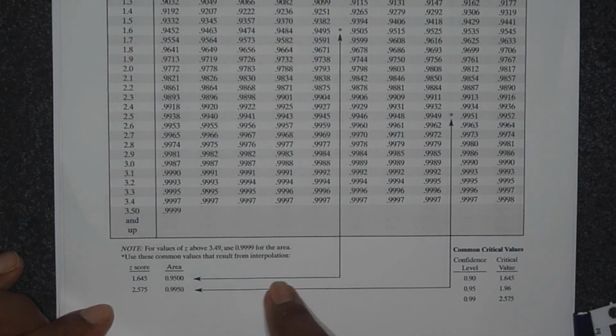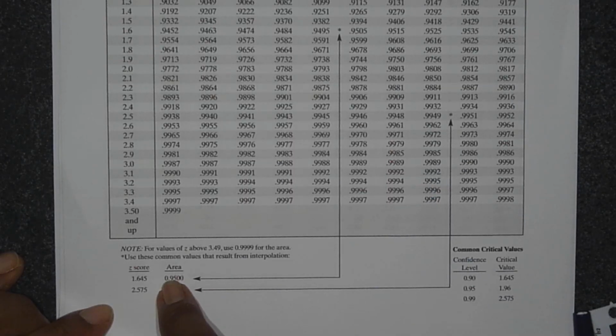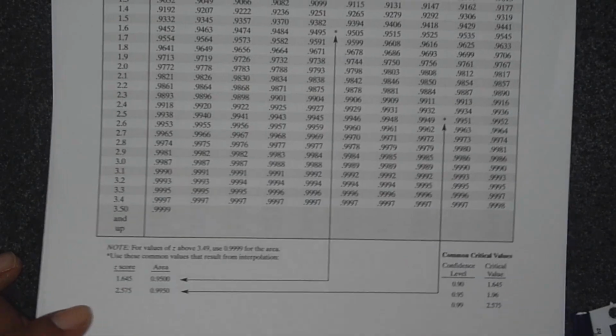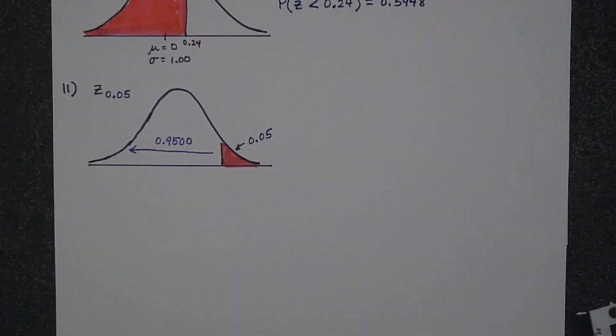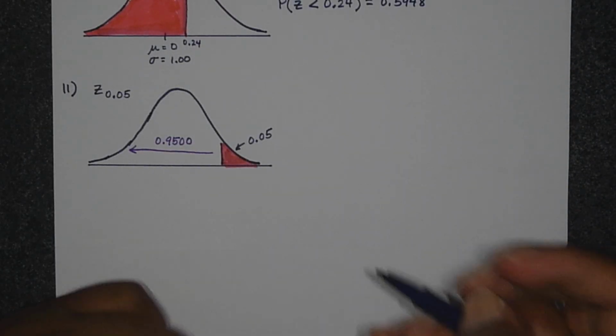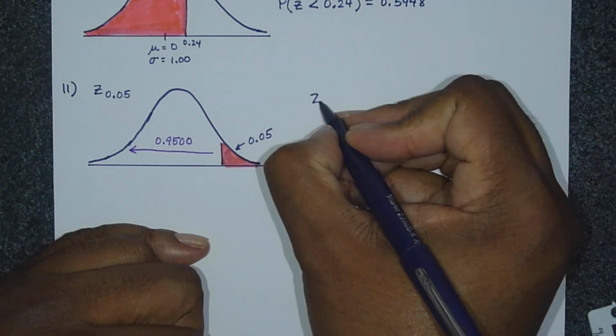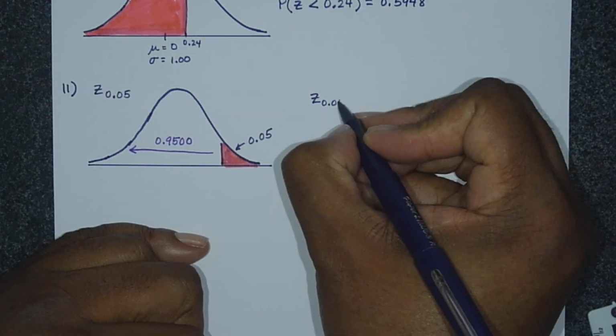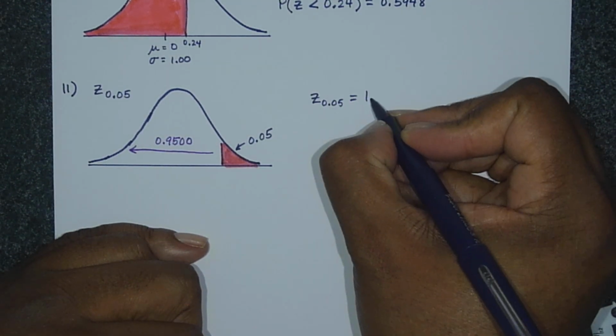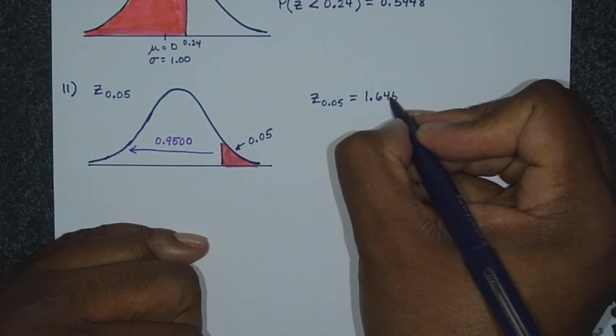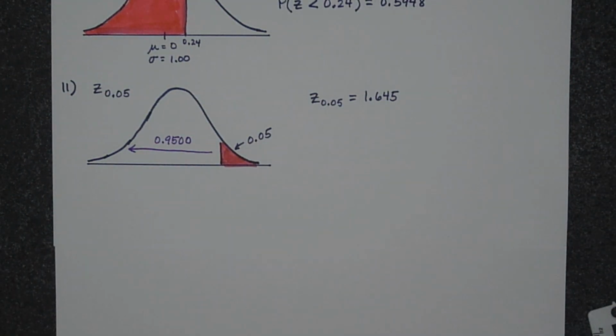If you go down and read to the left and you find 0.9500, what would be that z value? 1.645. That would be your critical value. So z sub 0.05 is 1.645.